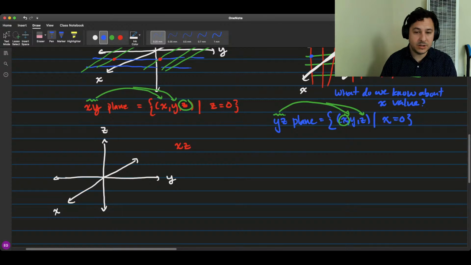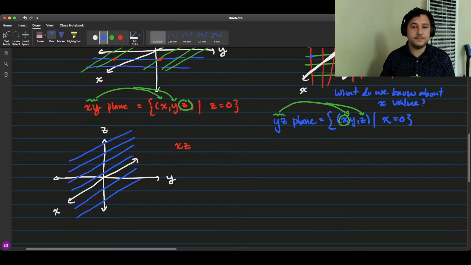So I'm going to start by drawing lines which are parallel to the x-axis. These are coming, like you're taking copies of the x-axis and you're going up and you're going down. And then I also want lines which are parallel to the z-axis.